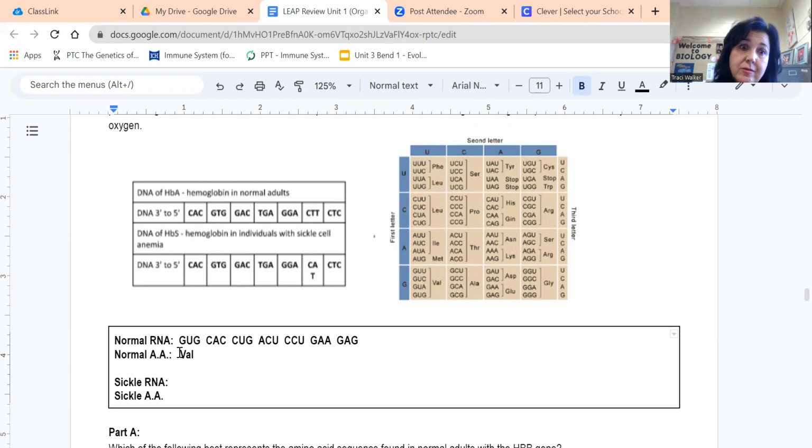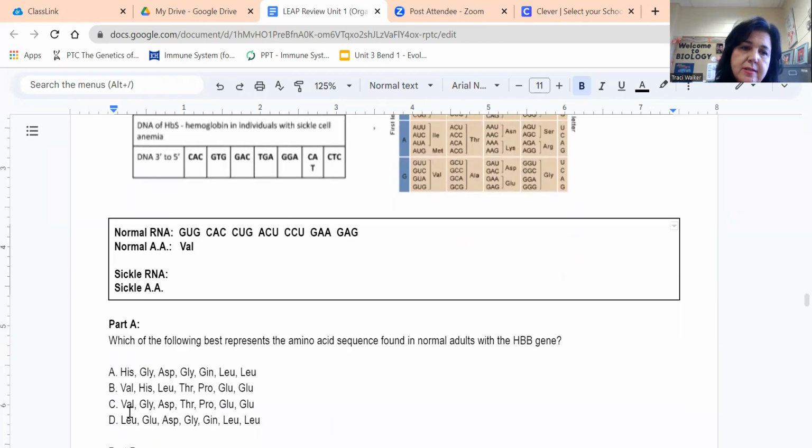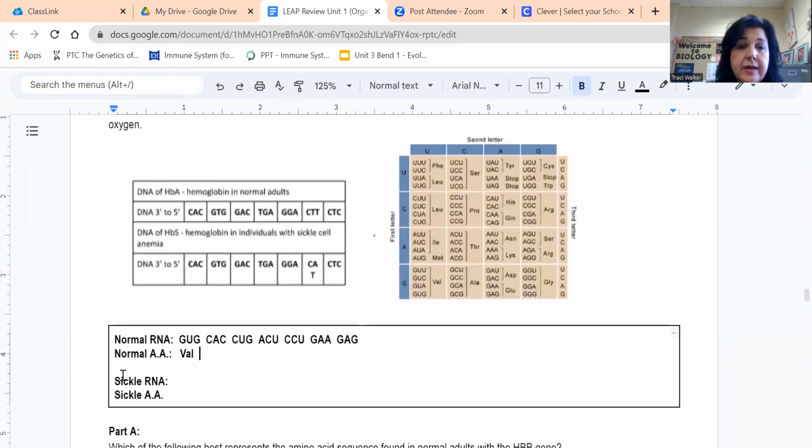Okay, now if I look at my choices, I know it's either B or C. Okay, so I can eliminate D. Already eliminated A. All right, let's go on to the next codon, CAC. So my first letter is C, second letter is A. CAC right here is histidine, HIS.